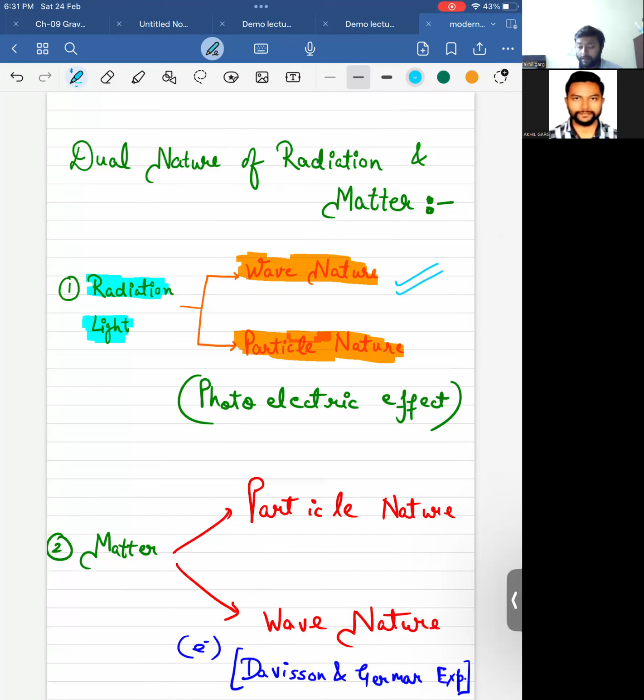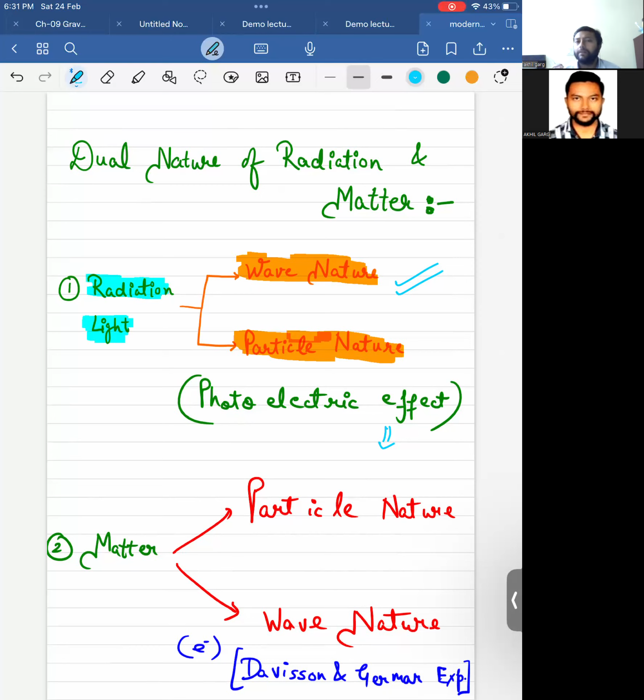But the topic which I am going to start today is the photoelectric effect. It can be easily explained by taking light as a particle, because when one photon is incident, it interacts with only one electron, not more than one electron or less than one electron. So it is basically a particle-particle theory.